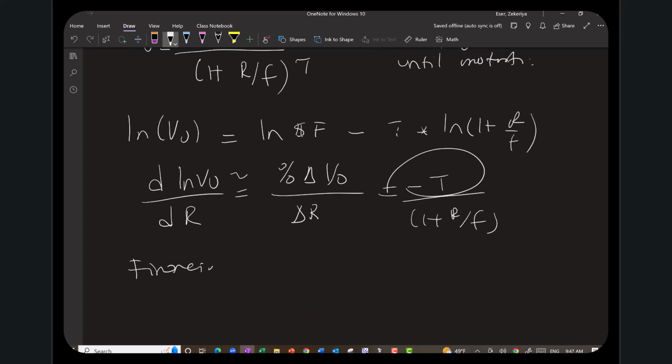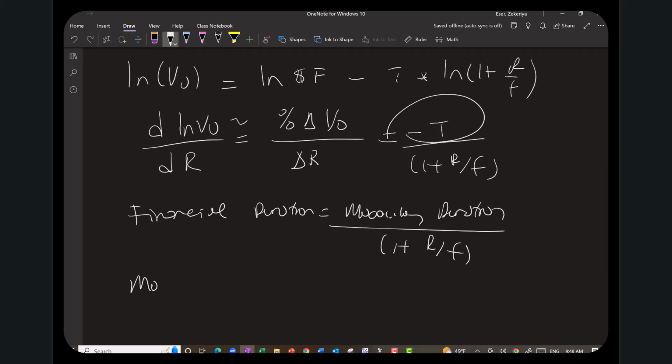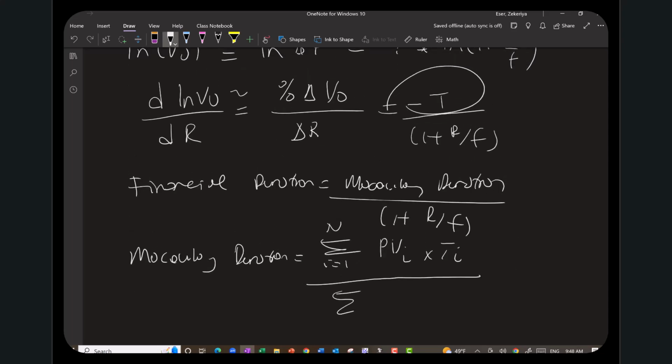Financial duration is equal to Macaulay duration divided by 1 plus R over F, where Macaulay duration is the sum, i equals 1 to n, of the present value of the ith cash flow times how long you're going to wait for that, divided by the sum of those present values.